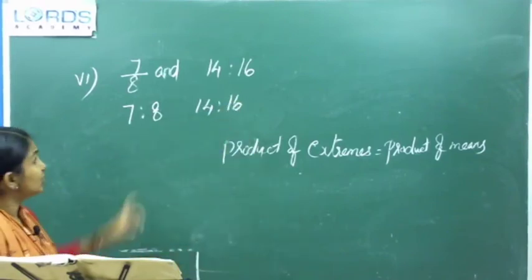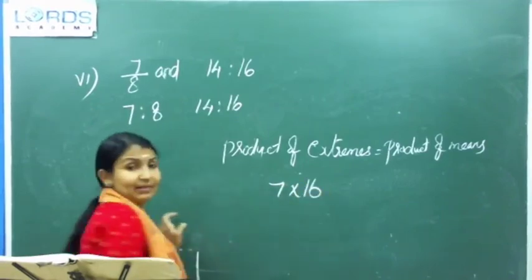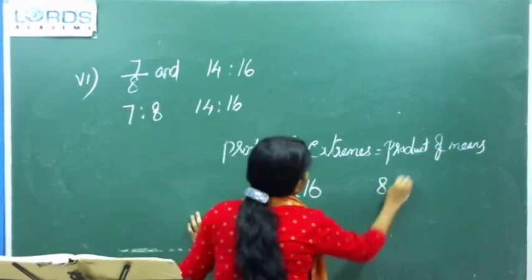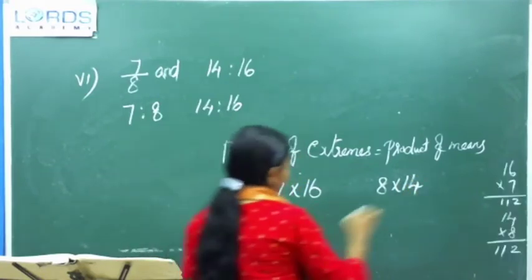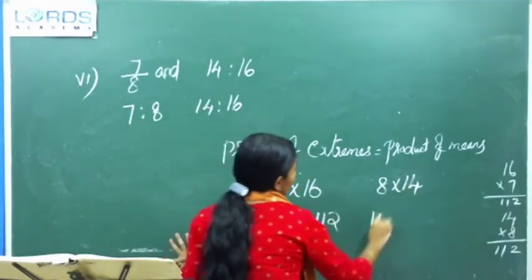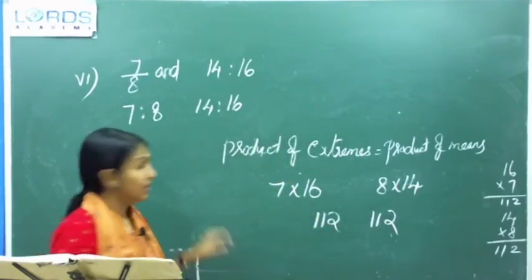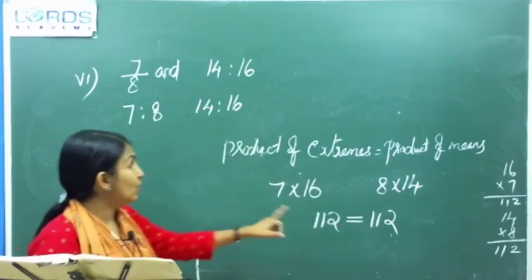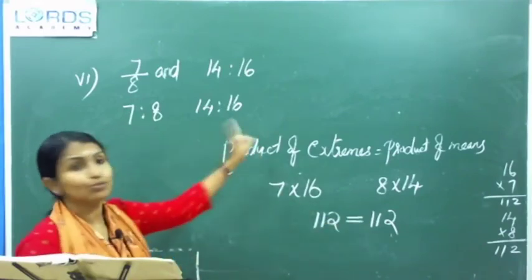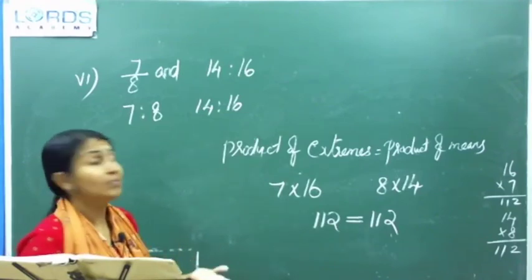Now, which are the extremes? 7 and 16. And the means are 8 and 14. Now find these answers. We got 112 on both sides. If both are 112, they are equal. Now we can say that these two are in proportion, or they form a proportion.